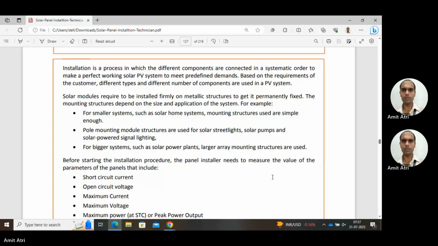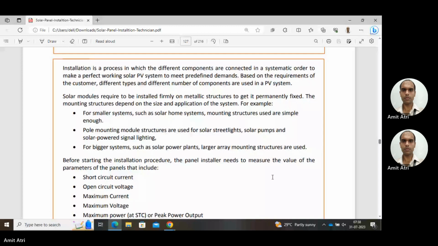Okay, so the mounting structure depends on the size and application of the system. For example, for a small system like a solar home system, the mounting structures used are simple. Another type of application could be street light. There a pole mounted structure is used: on the pole where the street light is connected, we can install the panel on a proper structure on the pole itself.